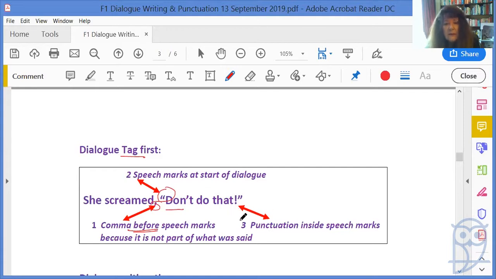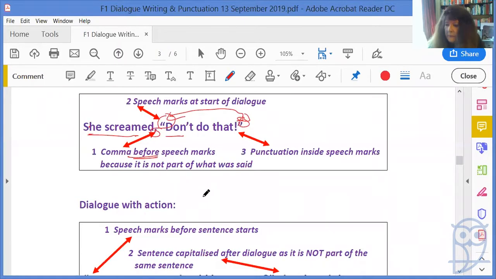The punctuation's inside, always inside. So if your dialogue tag comes first, you get a comma there. It's the only time it's outside, because it's nothing to do with the speech. It's to do with the description. She screamed, comma, "Don't do that."